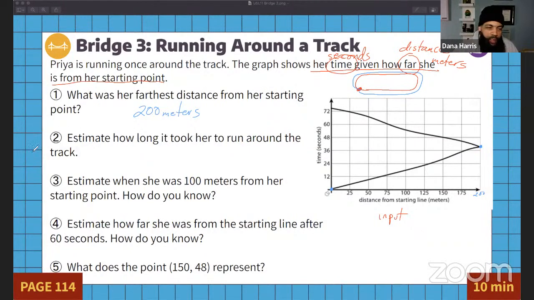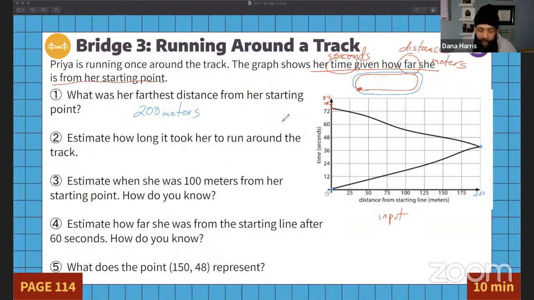All right. Estimate how long it took her to run around the track. Well, let's look at this. What is the highest time? So boom, this is the highest time. Now the scale up here is by 12s, right? So let's just say this would be 84 here, and then halfway between that 72 and 84. So half of 12 is 6. So this would be 78 there.